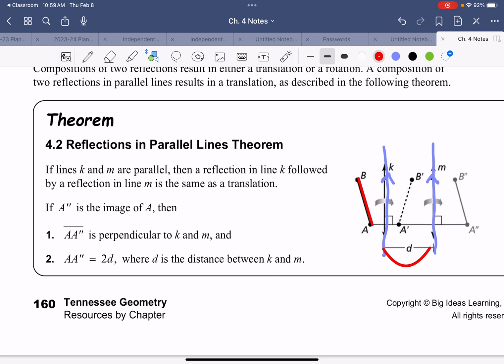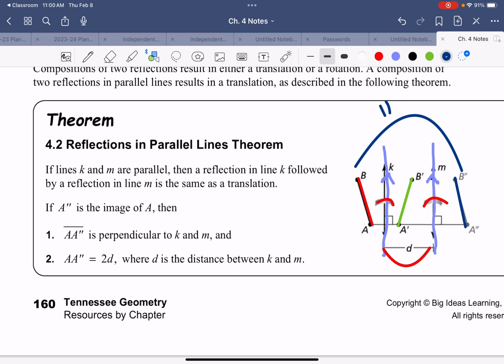If I take BA and I flip it over the first line, and then I turn around and I flip it again over the second line, okay, I know that these two will be parallel to each other.